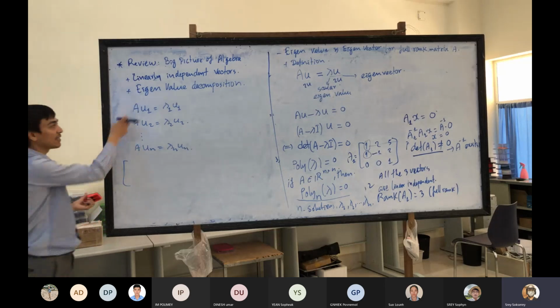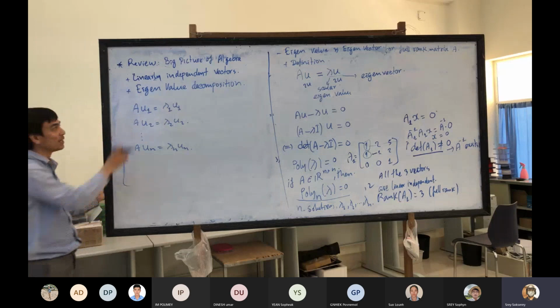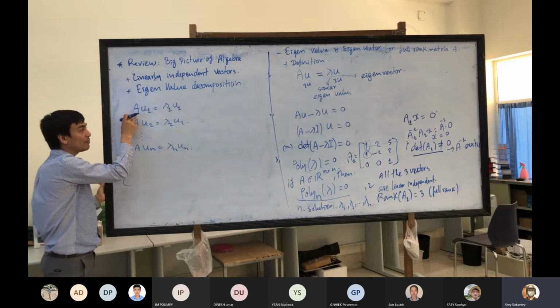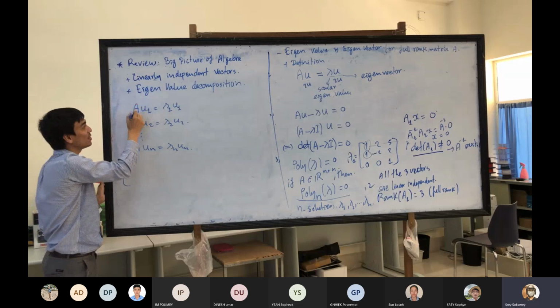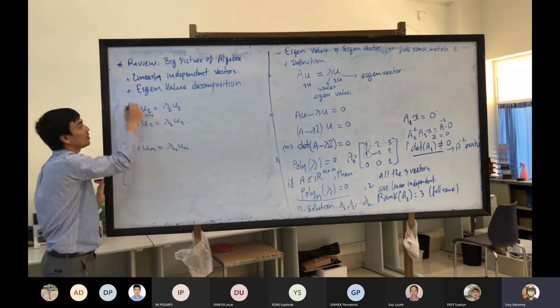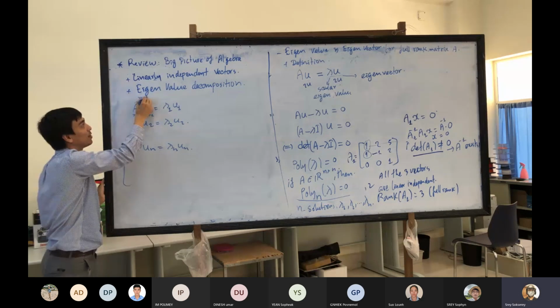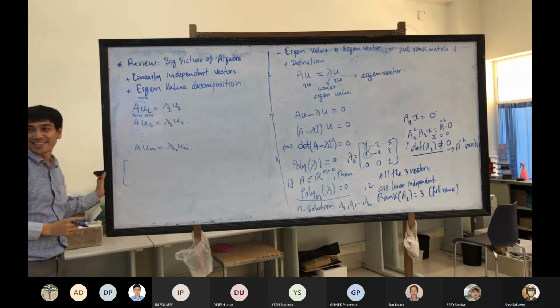Actually not very big, just n-dimensional, just like A. Because A is n by n, but when it is multiplied by a vector, it becomes a vector, right? So this is n by n, this is n by 1, so when you multiply it together, it's just n by 1, which is a vector, right?